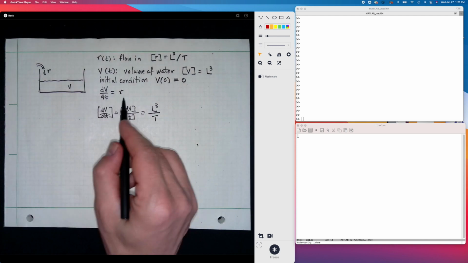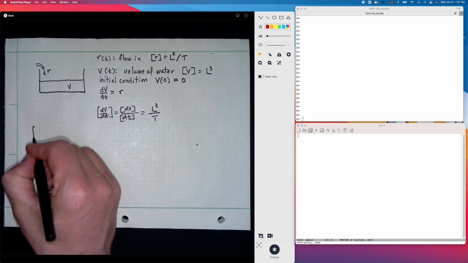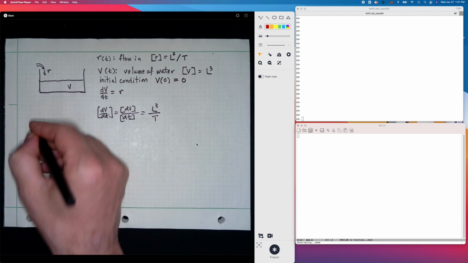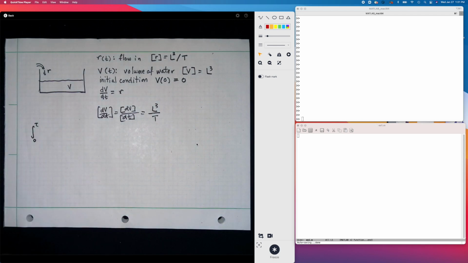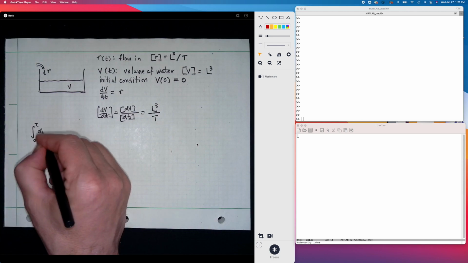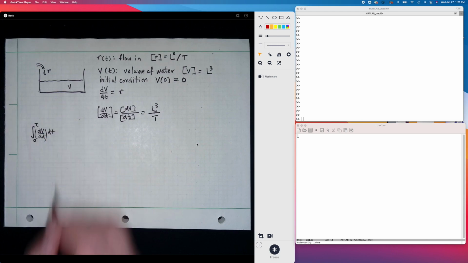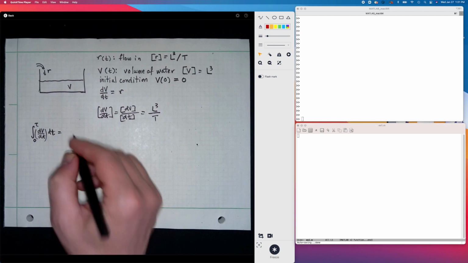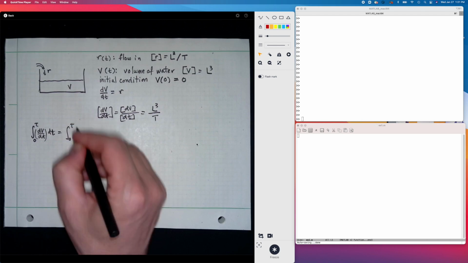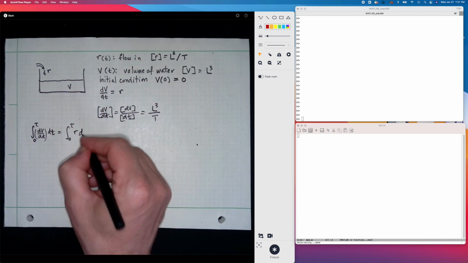So if we integrate the equation from both sides, we get the integral from time 0 to some time tau of dV dt is equal to the integral from 0 to tau of R dt.